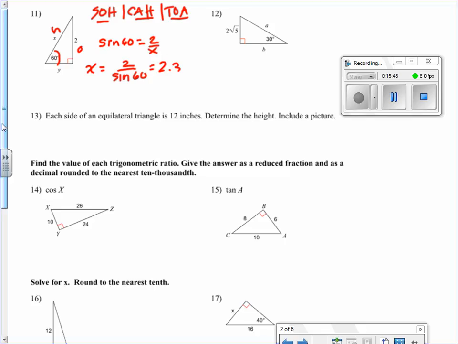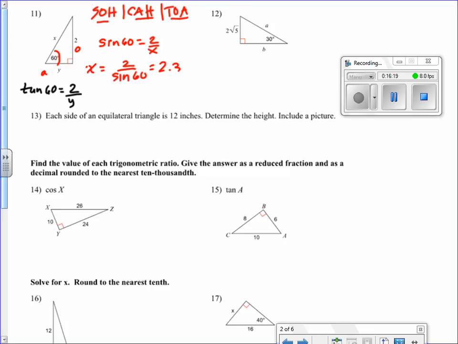Now, to find y is going to be this part over here, so I'm going to change some things a little bit. So I'm still going to use this one, so this is still opposite, but now this is adjacent. That's a trig function. So I'm going to go the tangent of 60 equals the opposite side, 2 over y, which is the adjacent side.